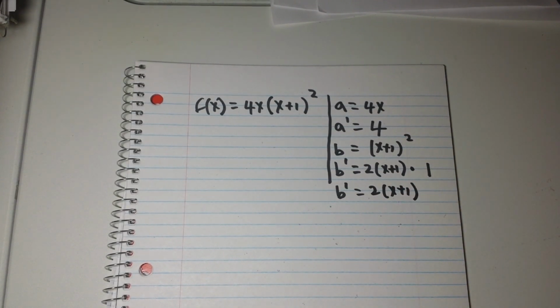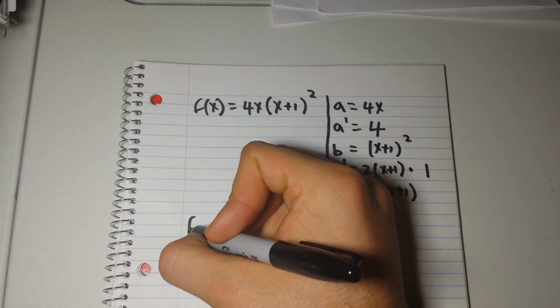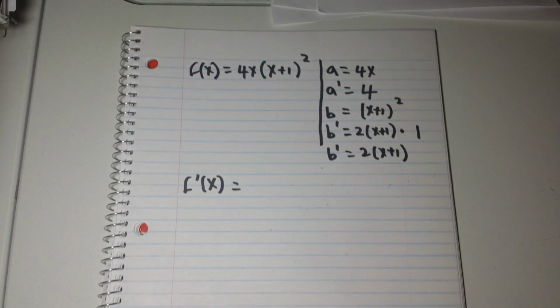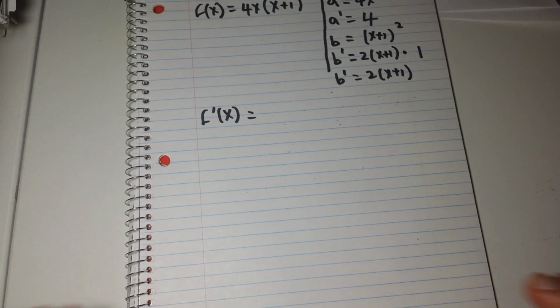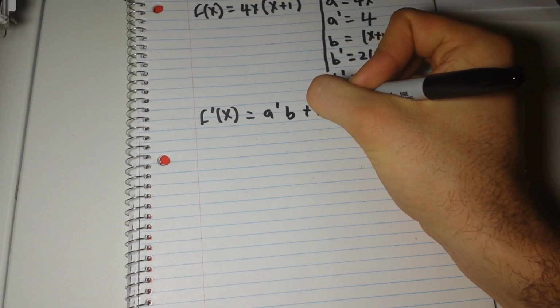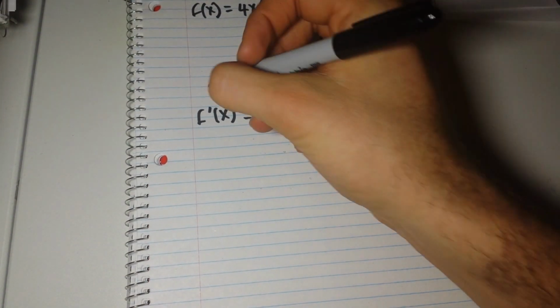Right on. So now we can start writing our f prime of x. Just like we did before, we need to write our a prime b. So we know it'll be a prime b plus b prime a, right?